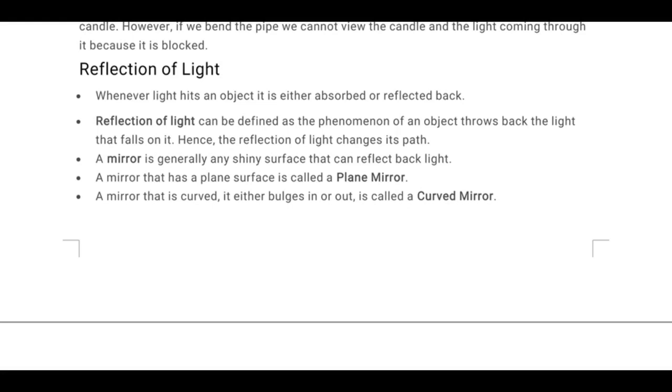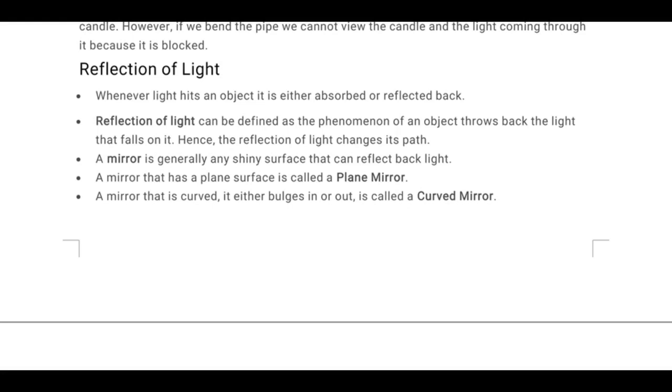That's called an opaque object. Then what is an image? An image is the object's appearance showing the characteristics of the object, right? For example, a mirror can show you the image. It means it can tell you the shape, size and color of the object which is in front of the mirror. That is what we mean by an image, right?